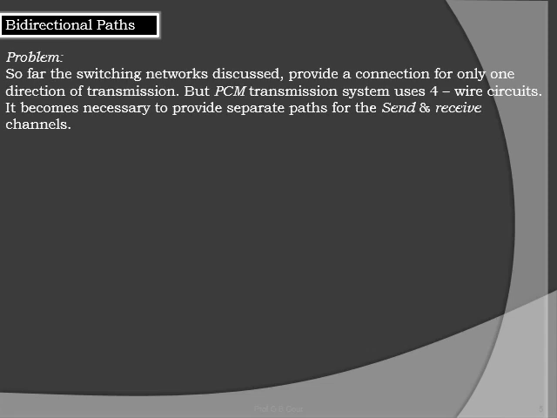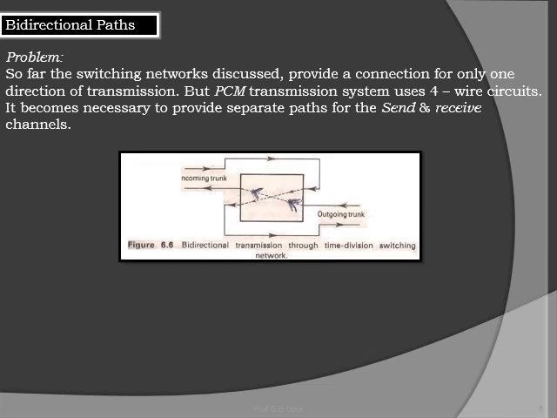So after seeing STS and TST switching networks, there are very important parts of this module. The first part is bi-directional paths. So far we have seen switching networks providing a connection for only one direction of transmission.